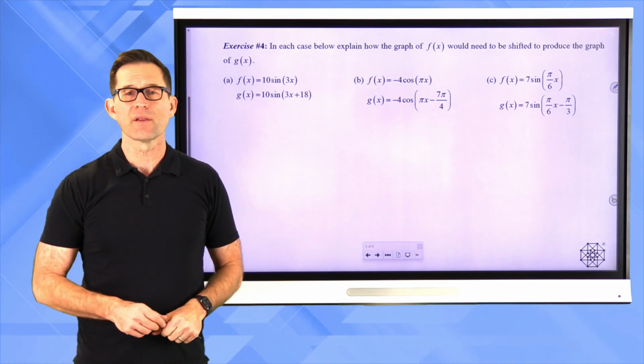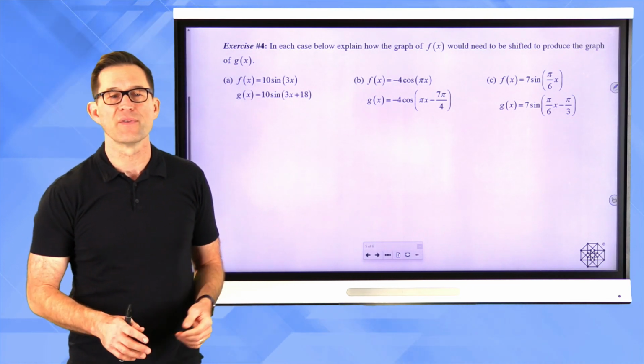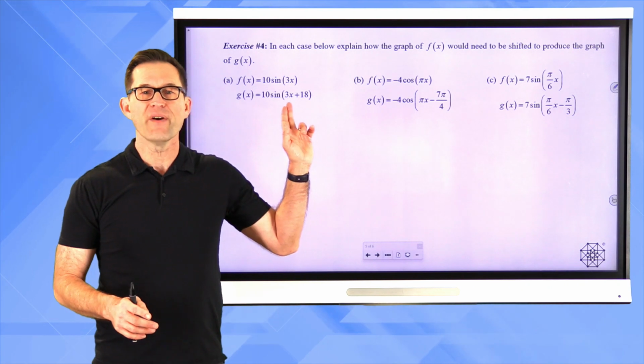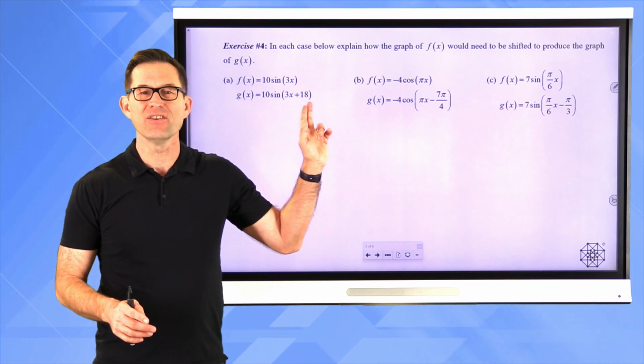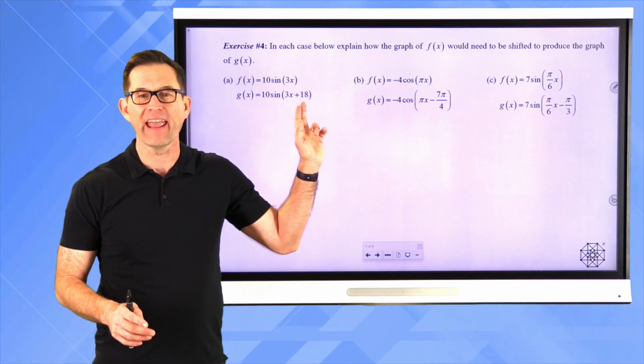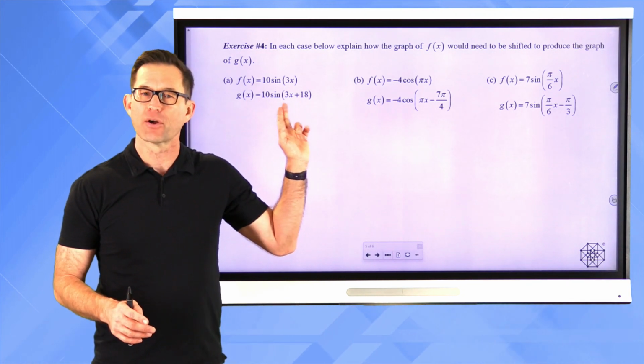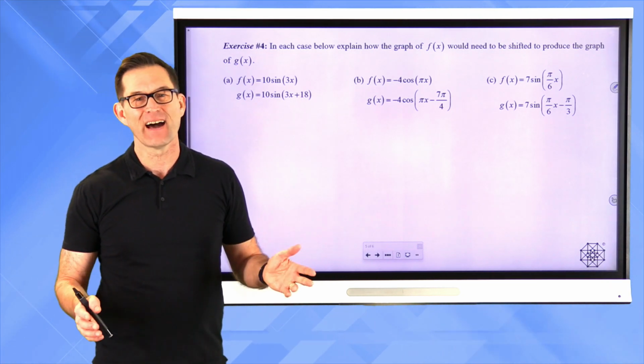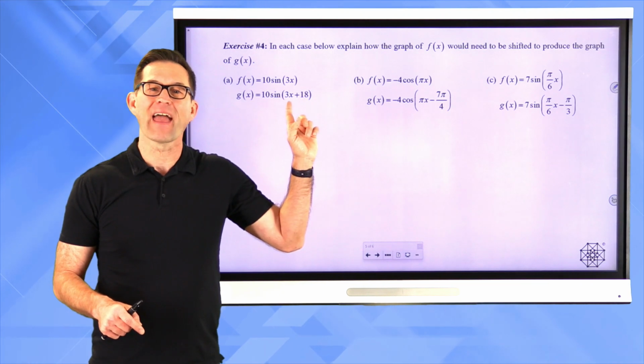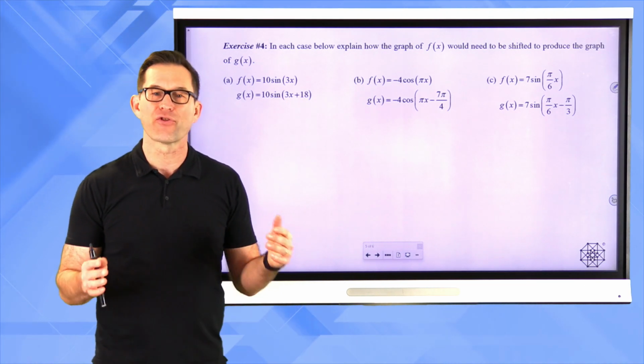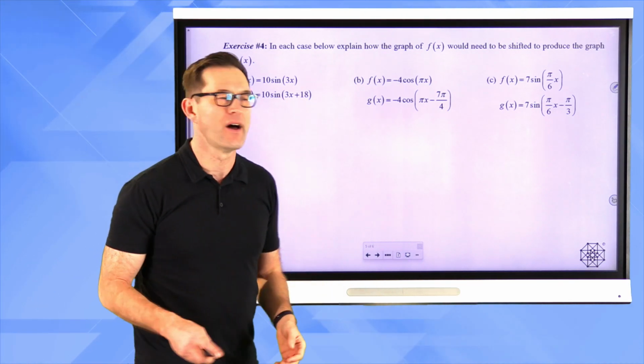And as we discussed in the last problem, it would be very easy to look at this and quickly go, oh, g of x has been shifted by 18 units, or f of x has been shifted by 18 units to the left to produce g of x. But the 18 is not being added to x, it's being added to the 3x. But this is simple enough, right?